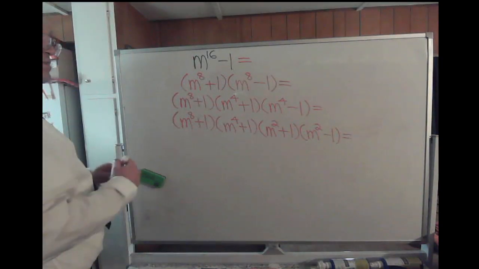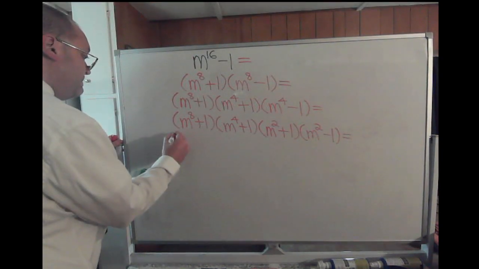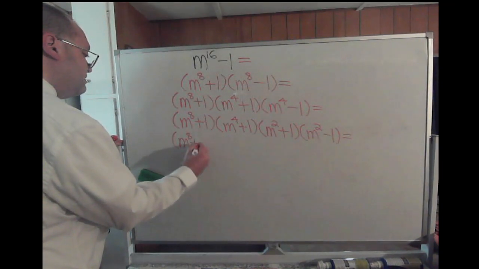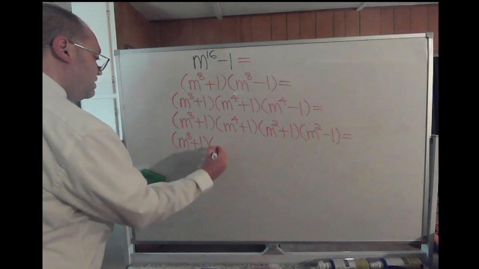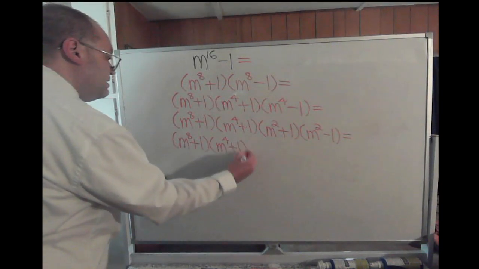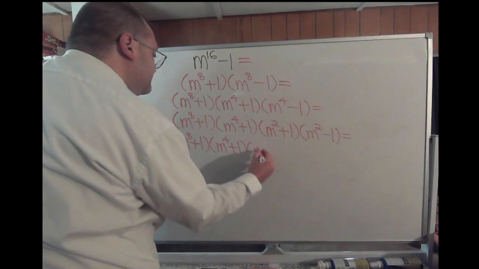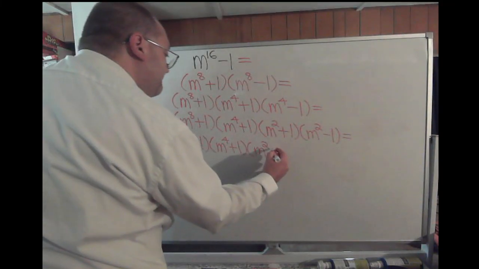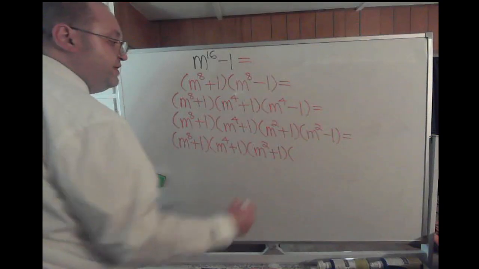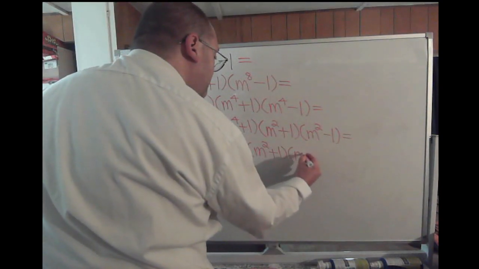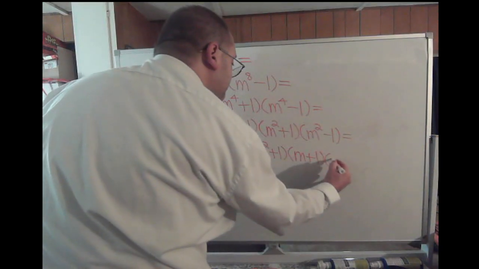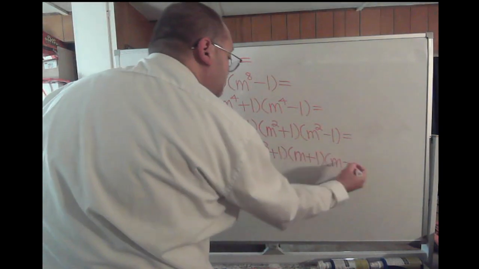That's a difference of squares, so we'll go ahead and do that. You'll still have your m to the 8th plus 1 times the quantity of m to the 4th plus 1 times the quantity of m to the 2nd plus 1. Now the square root of m squared, that's going to be m, plus the square root of 1, which is 1, times m minus the square root of 1, which is also 1.